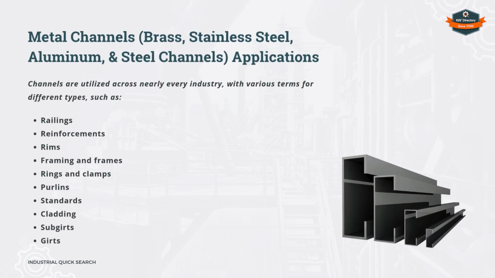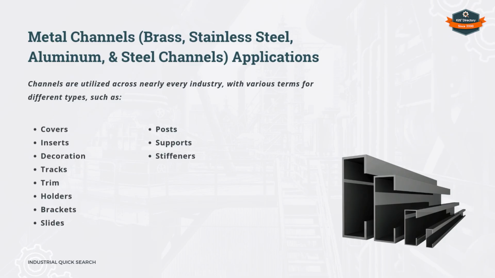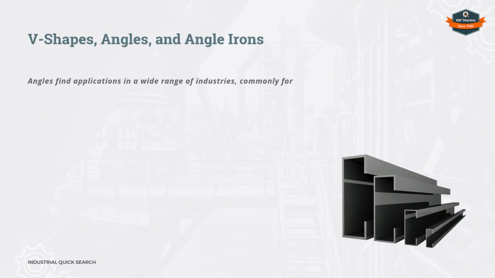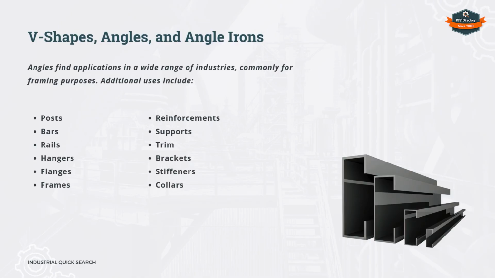Metal channels, brass, stainless steel, aluminum, and steel channels applications. Channels are utilized across nearly every industry, with various terms for different types, such as V-shapes, angles, and angle irons.